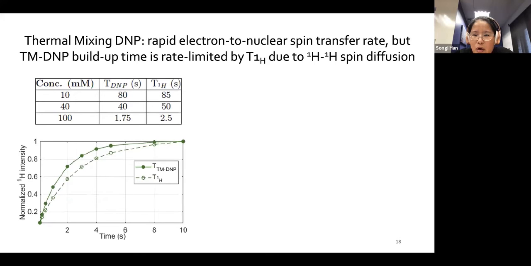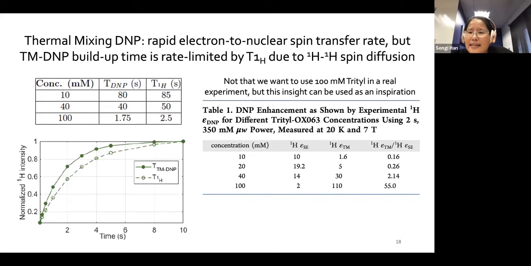But now that we know the mechanism, there's a lot we can do. So I show you here enhancement at different concentration. 100 millimolar gives you a solid effect of only factor of 2, but a thermal mixing of 110. Now that factor is good. It's very exciting that we can get that kind of high enhancement, but it's not that I'm suggesting 100 millimolar trityl is the way to go.